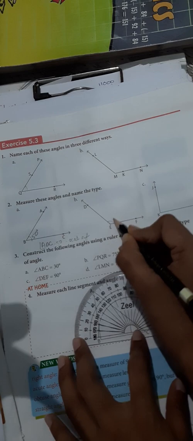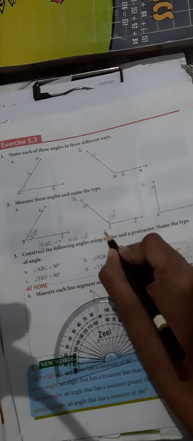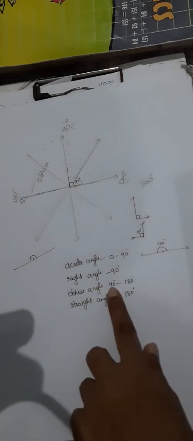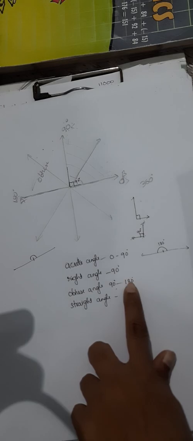So it is 130 degree. Angle DEF is 130 degree. It is an obtuse angle. As we have seen, an angle measuring greater than 90 degree and less than 180 degree is an obtuse angle.